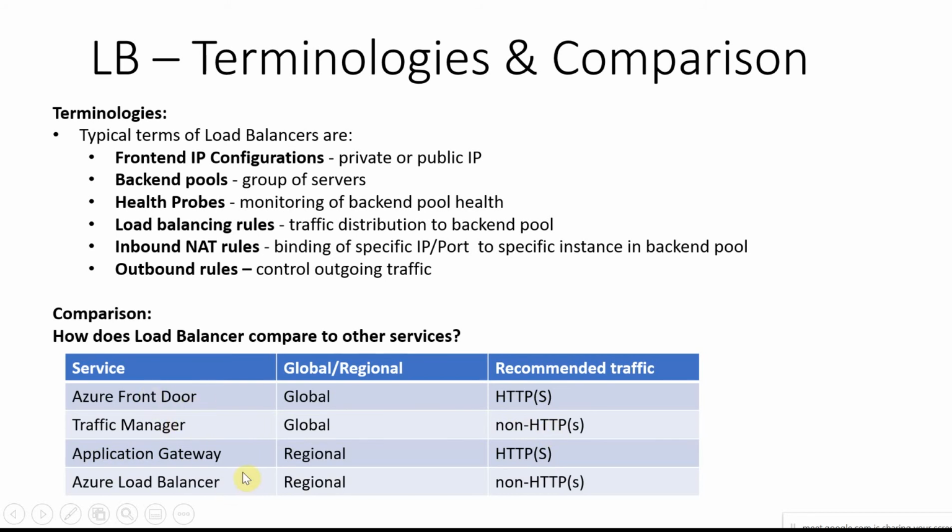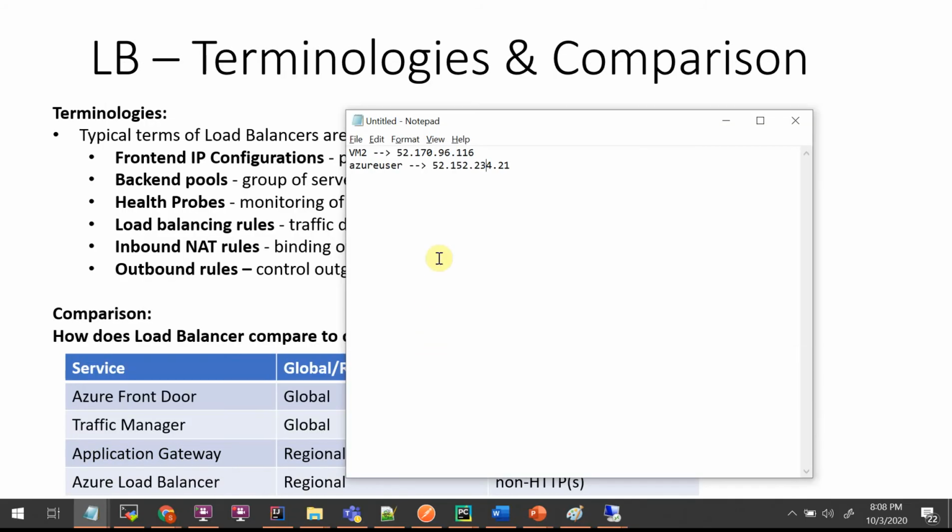So the summary is that Route 53 is covering Front Door plus Traffic Manager, which covers the global traffic, both HTTPS and non-HTTPS. Here it is separated.